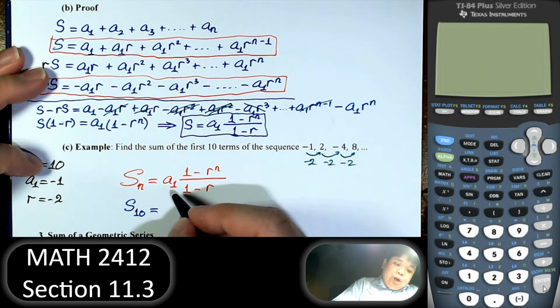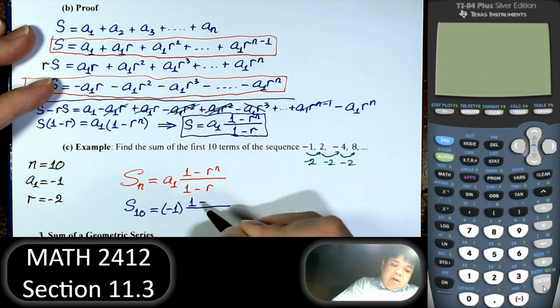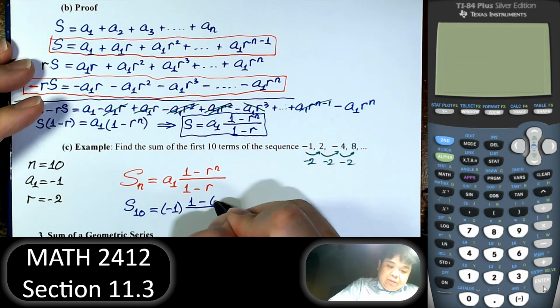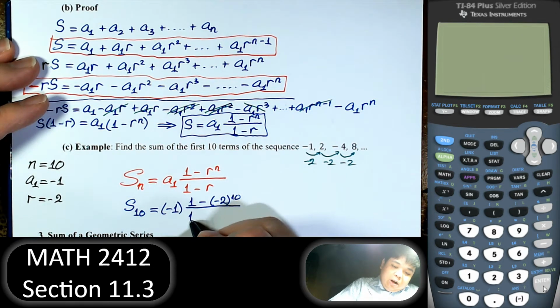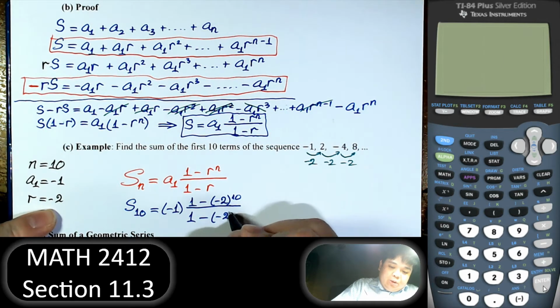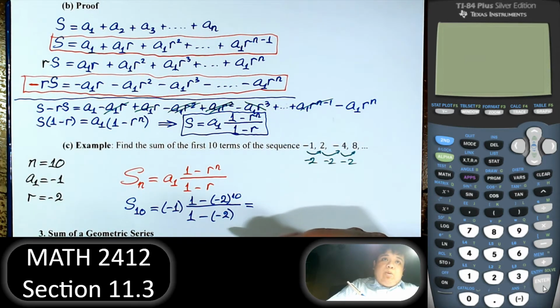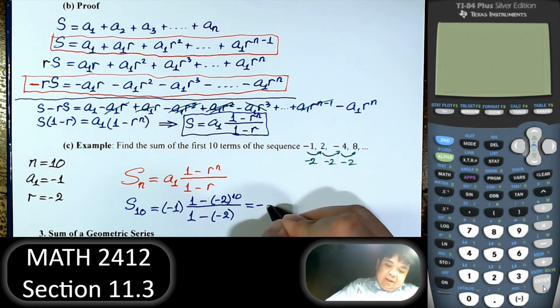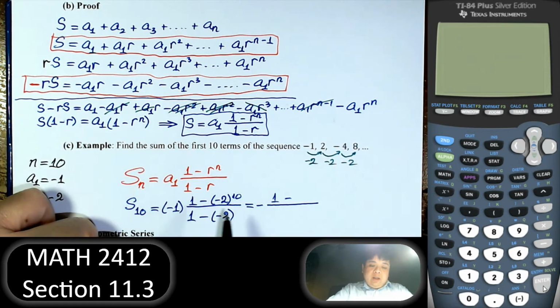The first term we do know is negative 1, times 1 minus the common ratio to the 10, and then 1 minus r is negative 2. So in that case we will have negative 1 minus negative 2 to the 10.